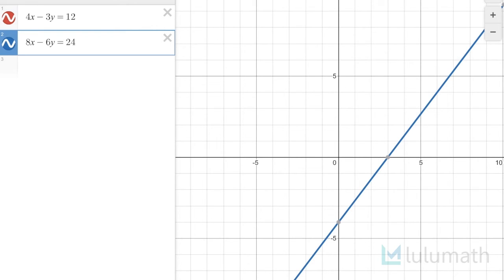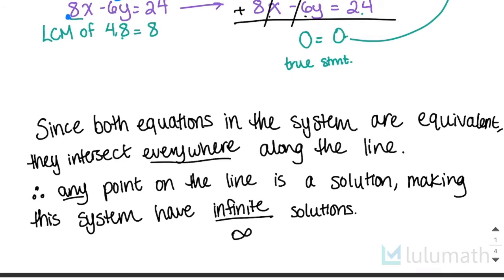So because there are infinite points on my line, this system of equations has infinite solutions. In summary, since both equations in the system are equivalent, they intersect everywhere along the line. Therefore, any point on the line is a solution, making the system have infinite solutions.